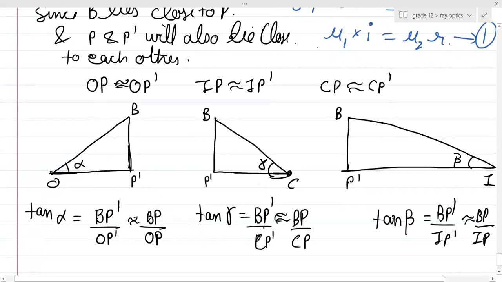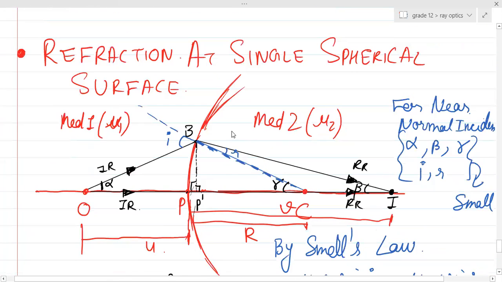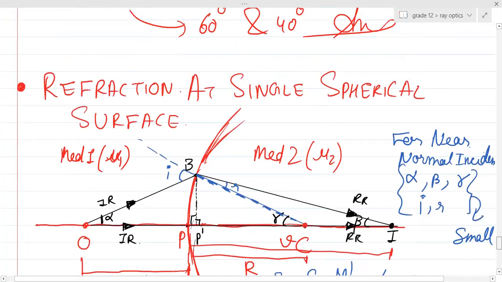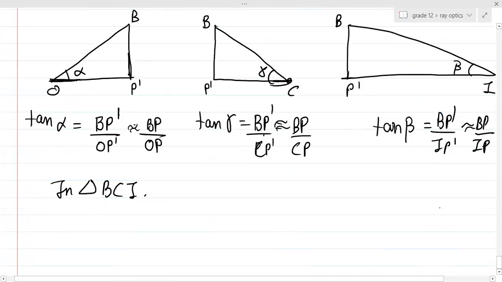Now we will see a little more trigonometry. Let's see a few more triangles. Can you see over here this triangle BCI? In triangle BCI, has everyone drawn the diagram? So I'll try to draw the diagram again for you.